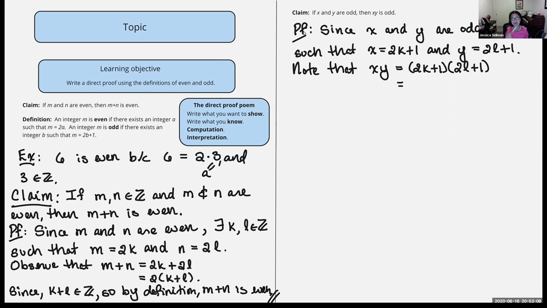You have to just try something, try to carry it through patiently, and see at the end if there's something you can do. So let's see, I'm going to multiply these things out. So I should get 4kl plus 2k plus 2l plus 1.